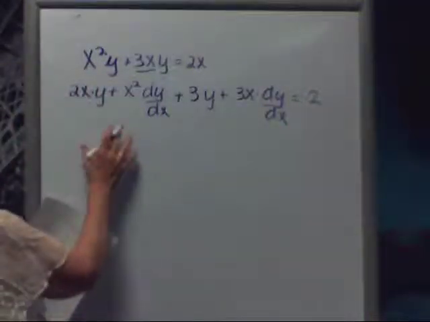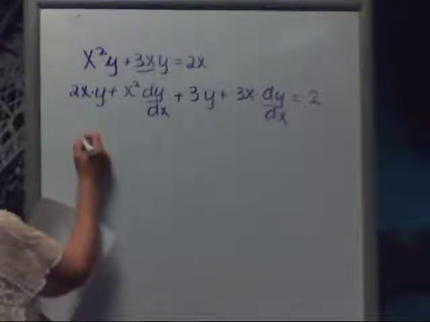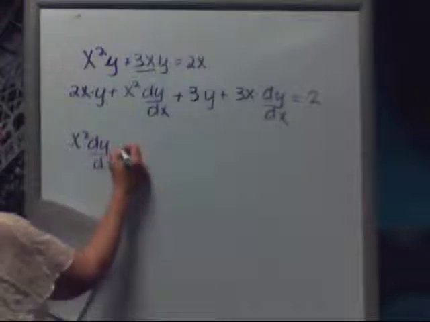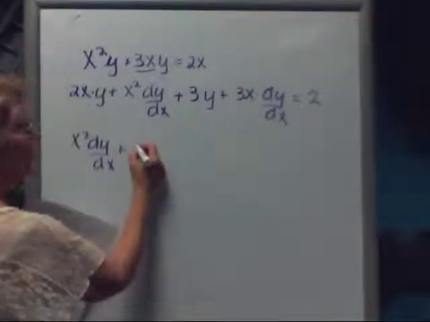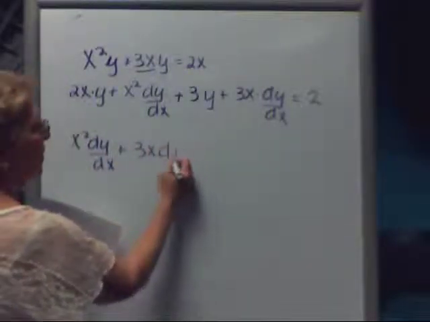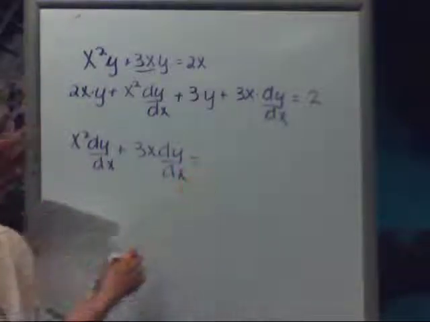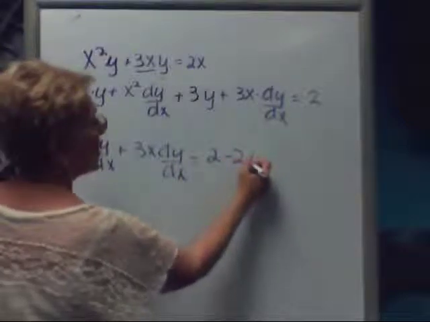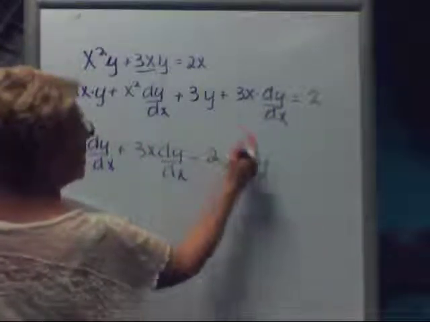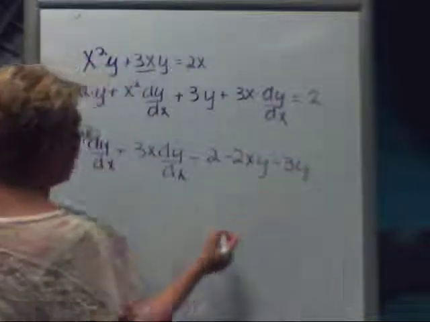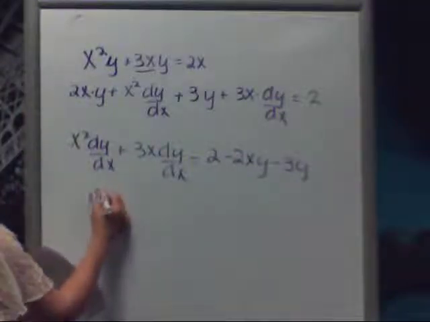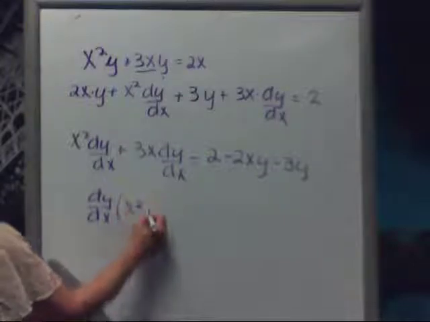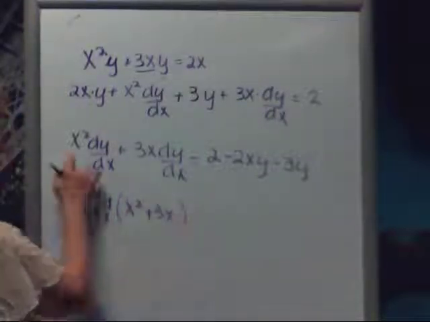And then we're going to get all the terms that have dy dx in them on one side. So that would be these two. And scoot the others to the other side by subtracting them out, minus 2xy minus 3y. And then we're going to factor out the dy dx, which we want, and the other multipliers are out front.